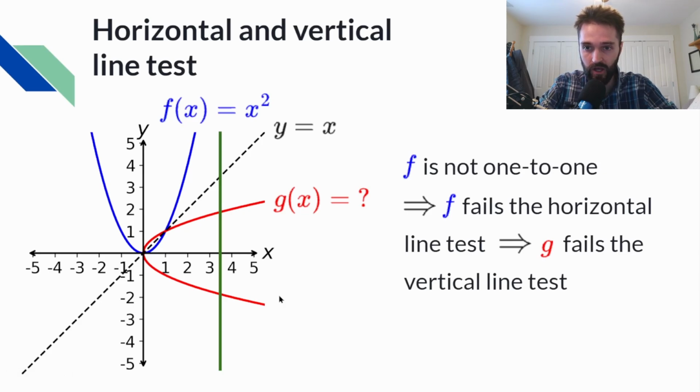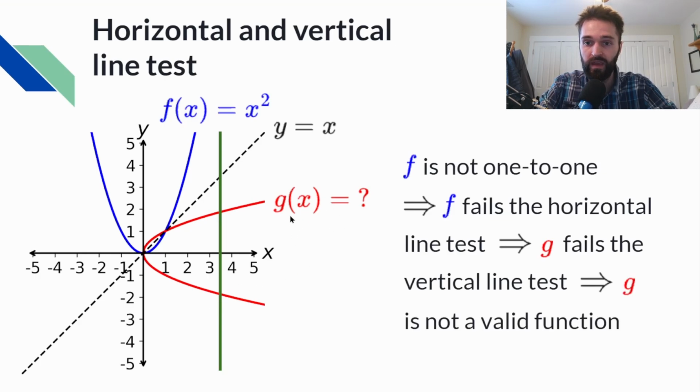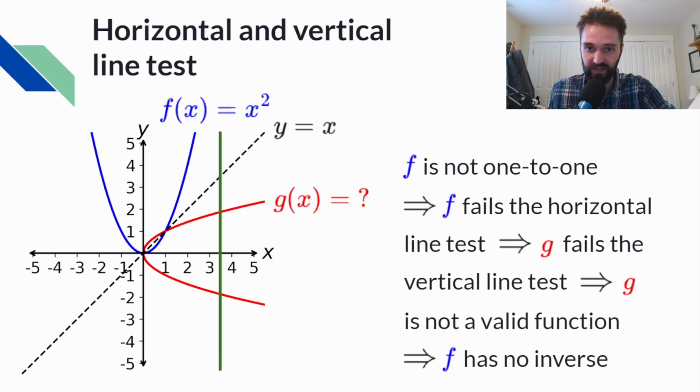And if a curve fails the vertical line test, if it intersects in more than one place, that means that g is not a valid function. Okay, g is not a function, which means that f has no inverse. So that's why the requirement is there in the definition of an inverse function. f has to be a one-to-one function.